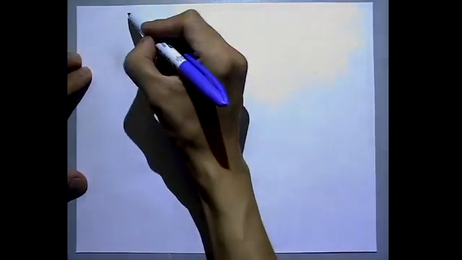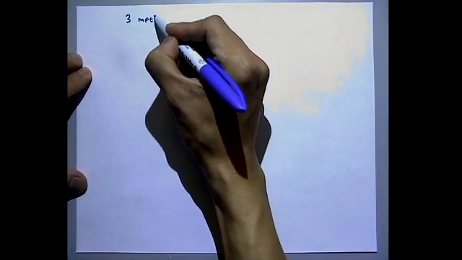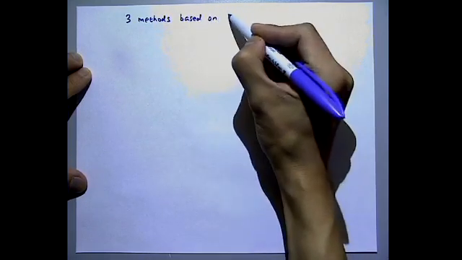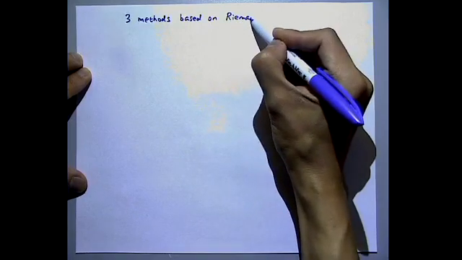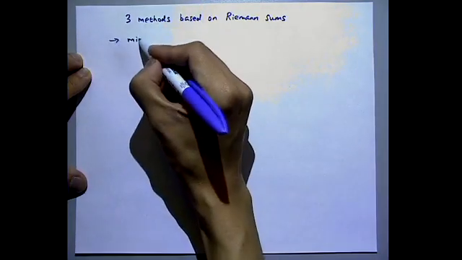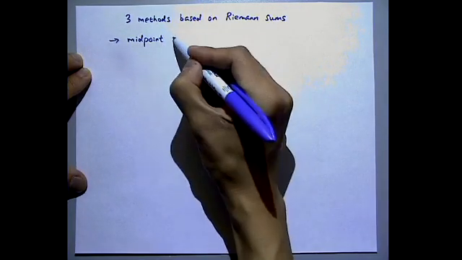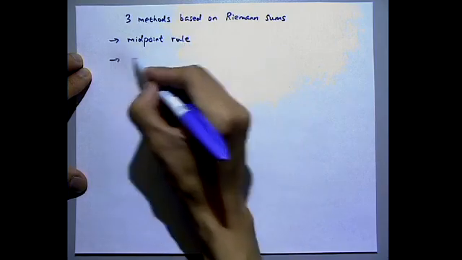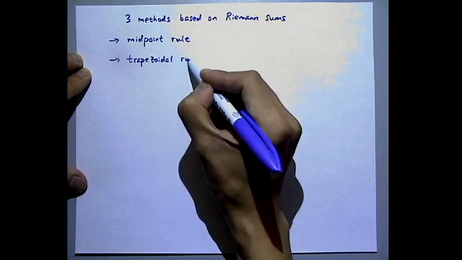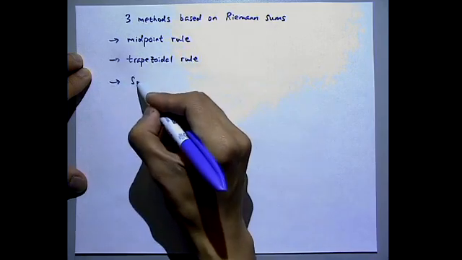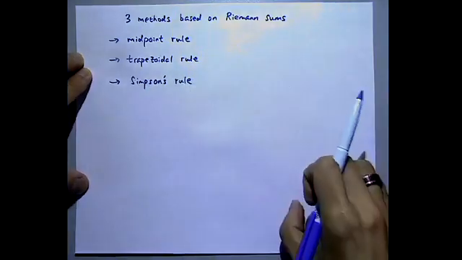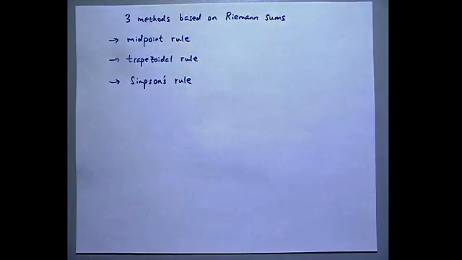And we're going to look at 3 methods. They're all based on the Riemann sums: the midpoint rule, the trapezoidal rule, and Simpson's rule.